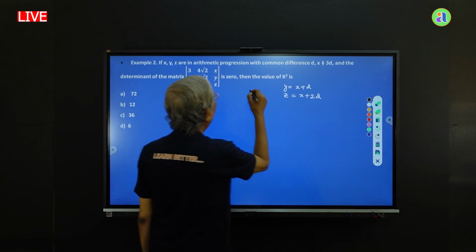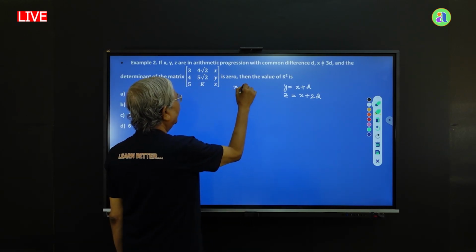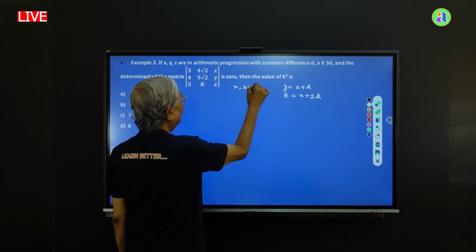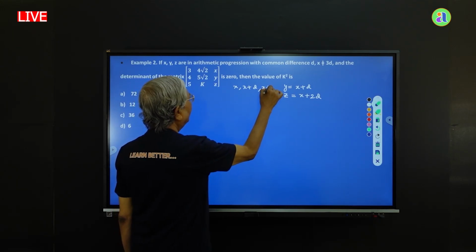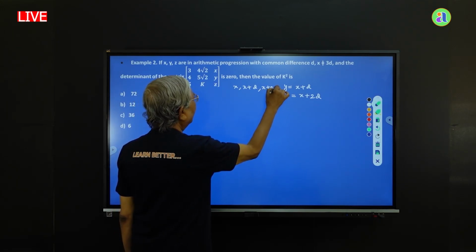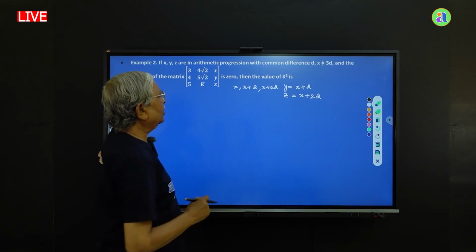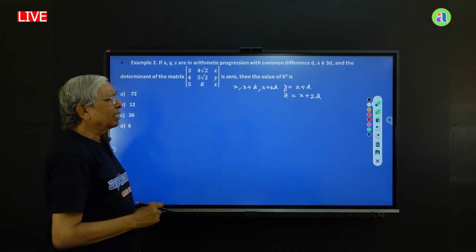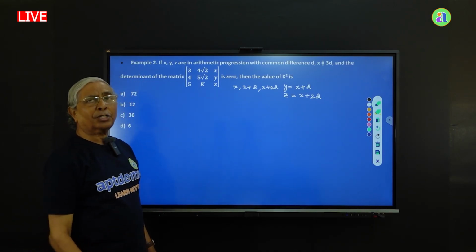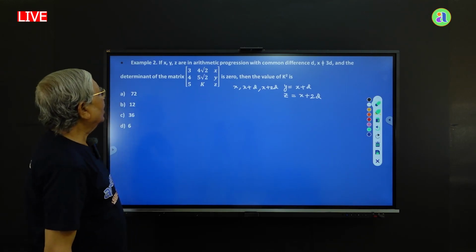That is x, x plus d, x plus 2d. Therefore, you can write y equal to x plus d and z equal to x plus 2d.